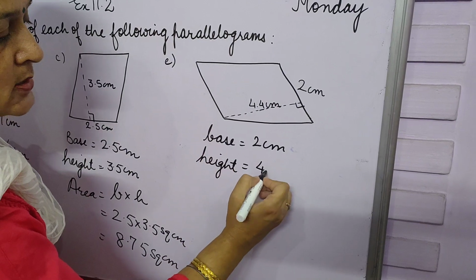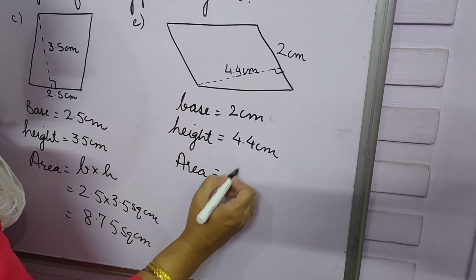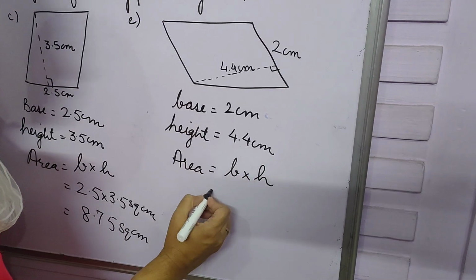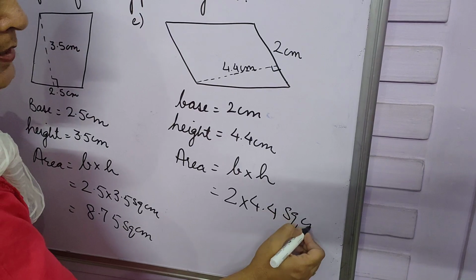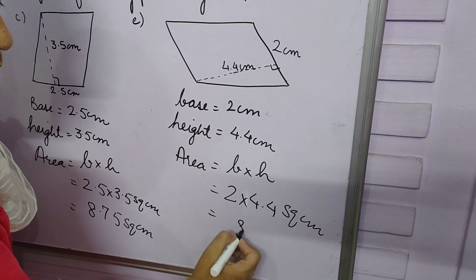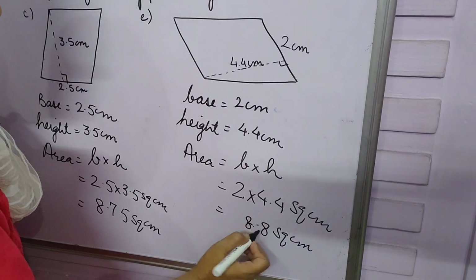So height here is 4.4 centimeter. Again if we calculate the area, it is base multiply corresponding height. So it is 2 multiply 4.4 square centimeter. So it would be 8.8 square centimeter.